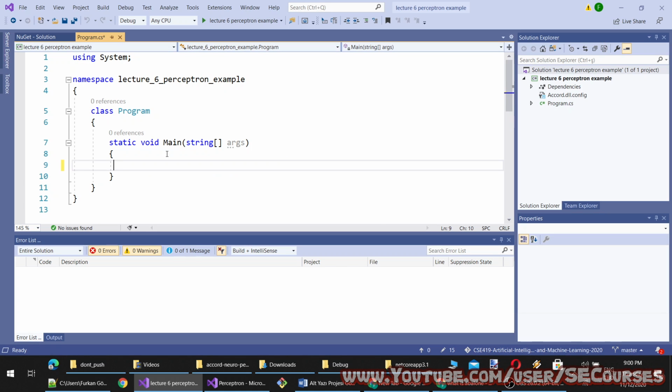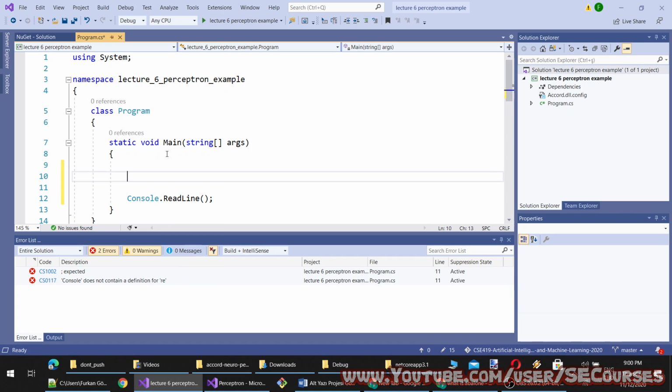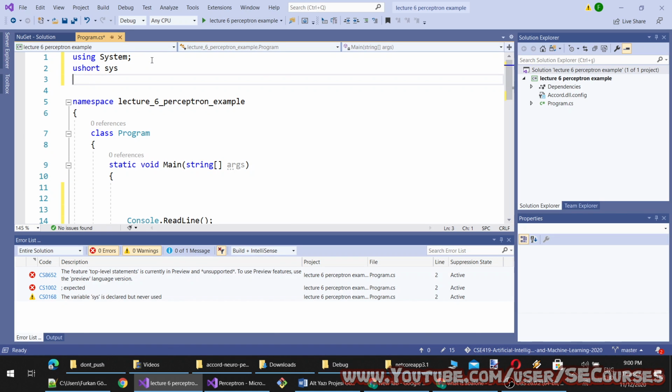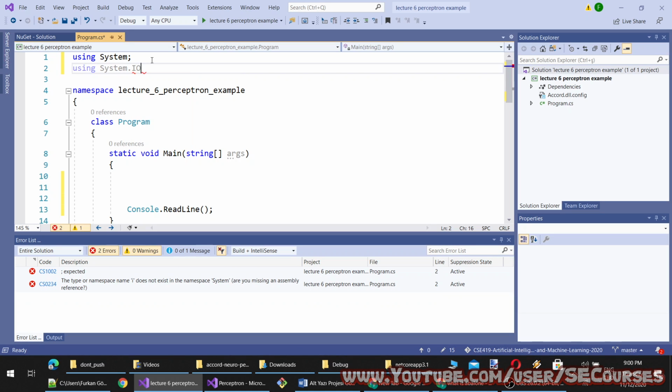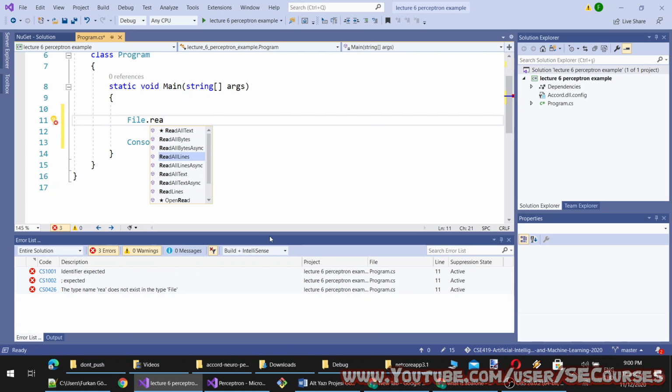Since this is a console application, I'm going to write Console.ReadLine, and then I am going to add using System.IO. Then File.ReadLines.